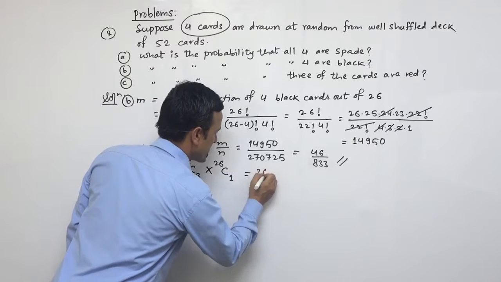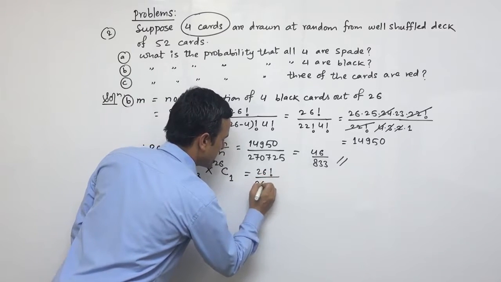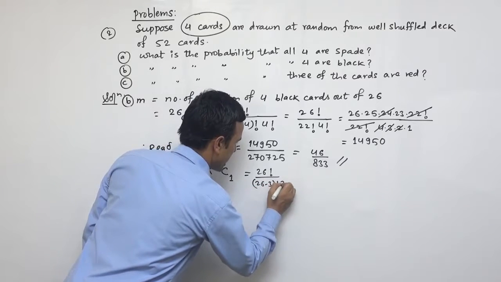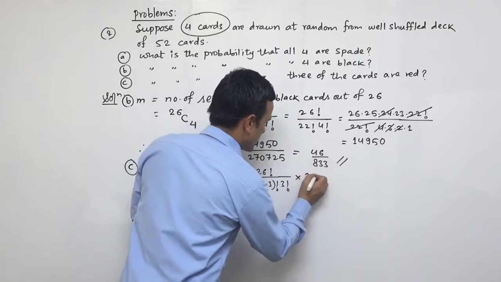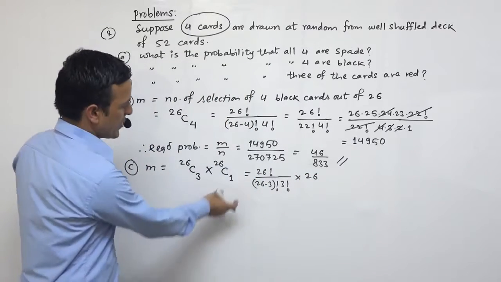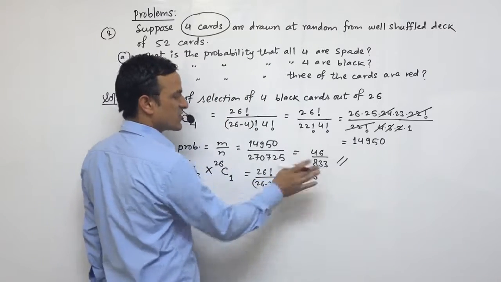26 C3 means 26 factorial divided by 26 minus 3 factorial and 3 factorial, into 26 C1 means it will be 26. यदि यहाँ 1 छ भने हामी सिधै 26 लेख्न सक्छौं.